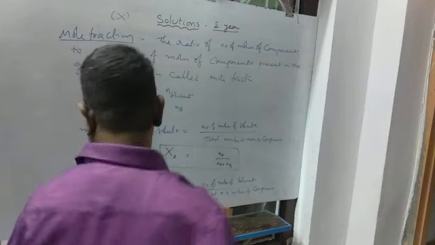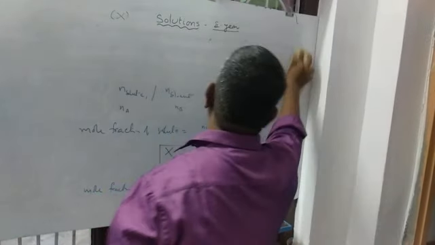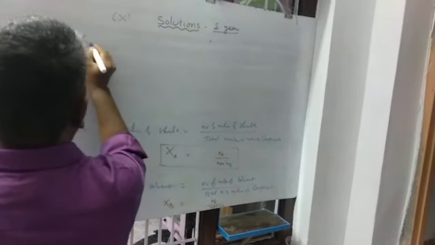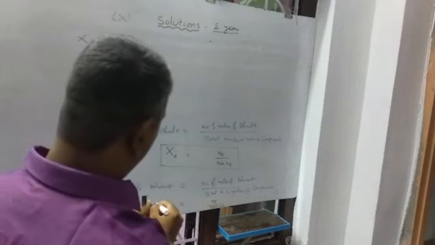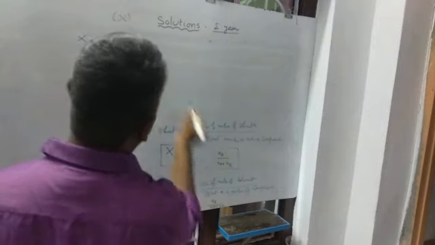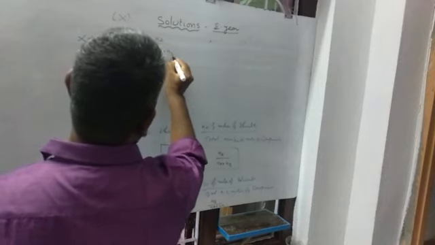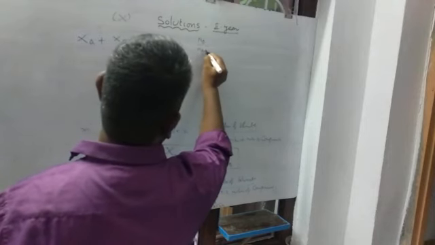So now observe XA plus XB. XA equals Na by Na plus Nb, plus XB equals Nb by Na plus Nb.